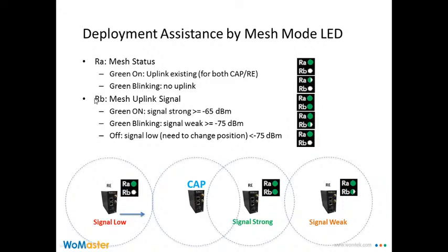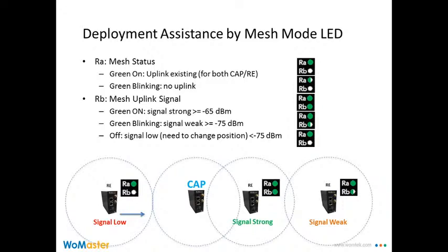Okay, and the RB shows you the signal strength to the uplink. If RB is green on, it means the signal strength is strong. It's greater than or equal to minus 65 dBm. And if RB is green blinking, it means the signal strength is weak.